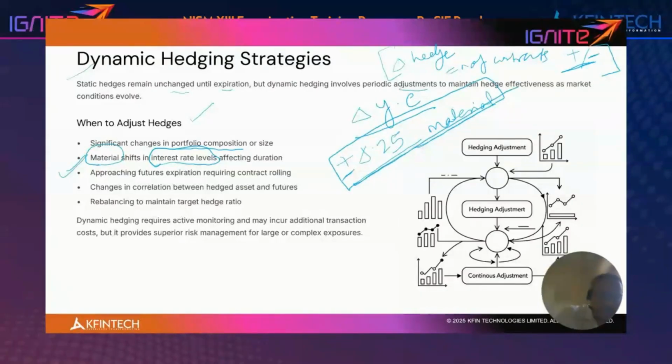So material means major change. Approaching future expiry requires contract rolling.